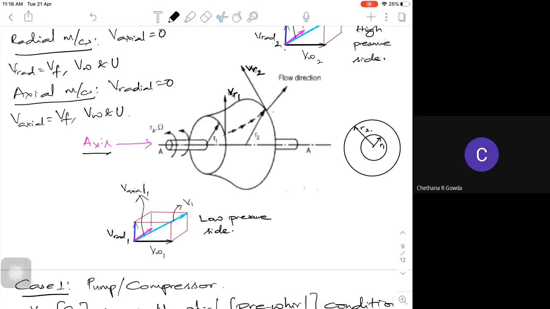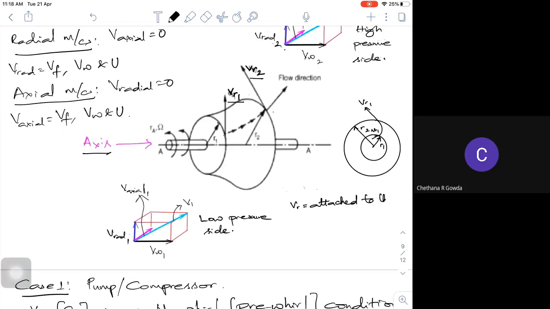Now look at this. I have written some components called VR1 and VR2. What are VR1 and VR2? If I draw a blade like this, there is a velocity flowing relative to the blade like this, and this VR is always attached to the blade, attached to the vane.